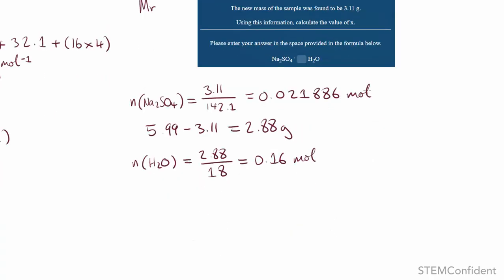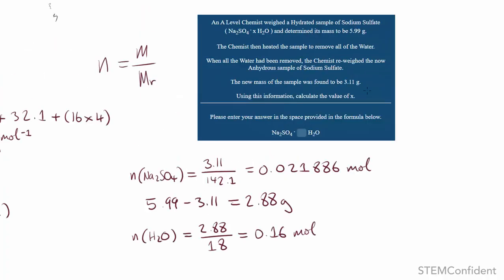Now, the other thing we need to do here is consider the fact that we need to compare the moles we got for Na₂SO₄ and H2O. That's going to get us closer to really knowing that question of, for every 1 mole of Na₂SO₄, how many moles of H2O.